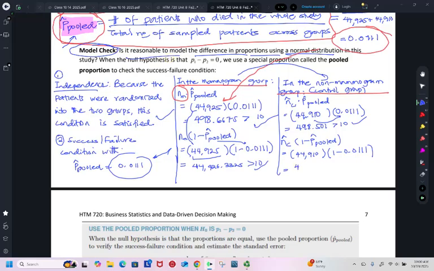That will give 44,411.499, which is also greater than 10. The fact that all of these success-failure counts in the two groups are greater than 10 guarantees that we can use the normal distribution to model the difference in the proportions.